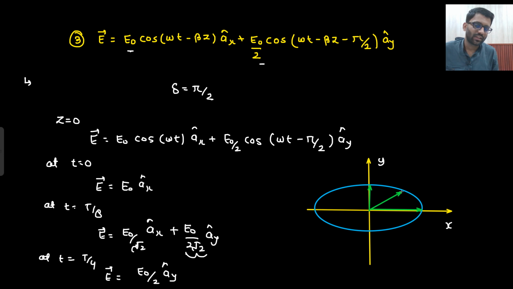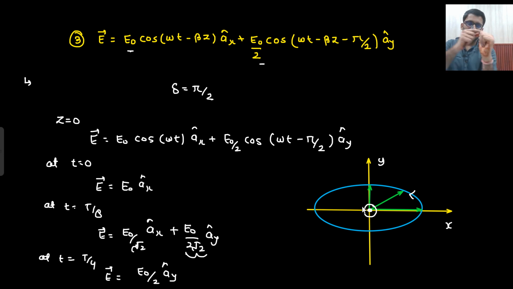So this kind of question can come. And how did it rotate? It started from here and rotated in this direction. What is the direction of propagation? The direction of propagation is plus z. So which hand do I need to use? Right hand, because the thumb is pointing towards the direction of propagation, and this is the circulation, the wave or polarization circulation, whatever you want to call it.